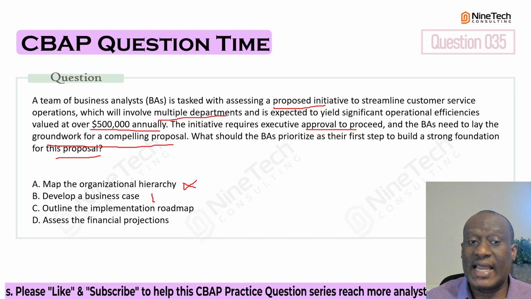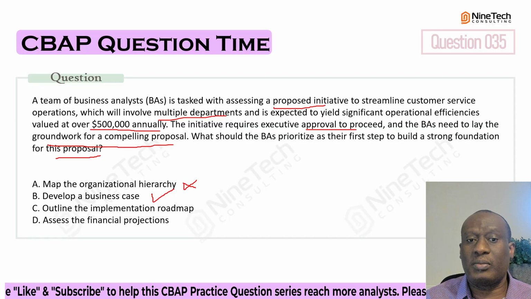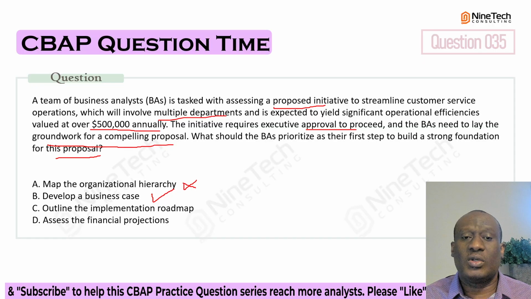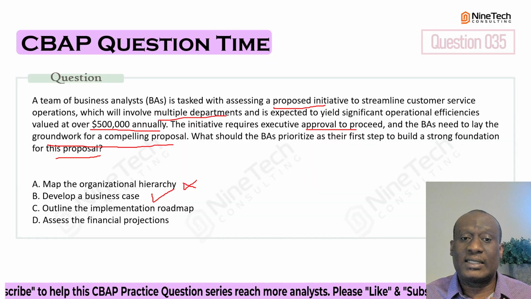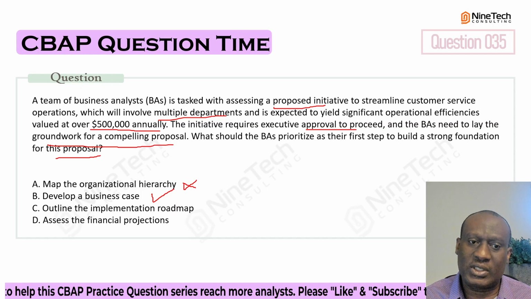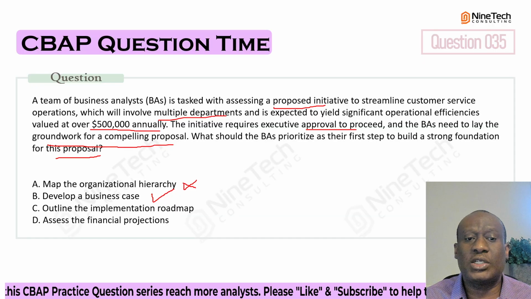Develop a business case. I like the business case. Remember, the business case is that document that justifies the initiative. So it's a proposal that helps to show the importance and the need for that project. So that's a very good option. Outline the implementation roadmap.